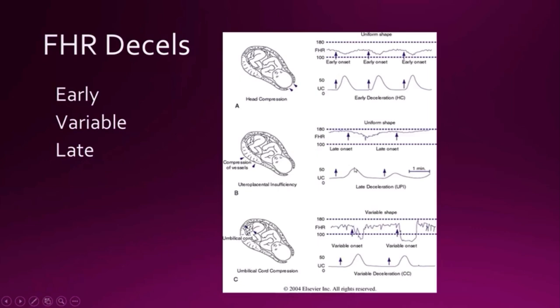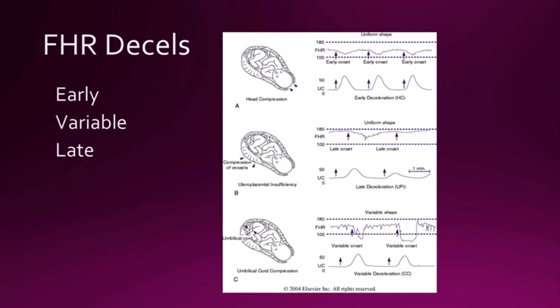Here's the peak of my contraction. And I'm starting to have a decel. But my contraction ends right here, and I'm still in a decel. It actually doesn't go back up to baseline until right before the next contraction starts. So late decels are going to occur late in the contraction.